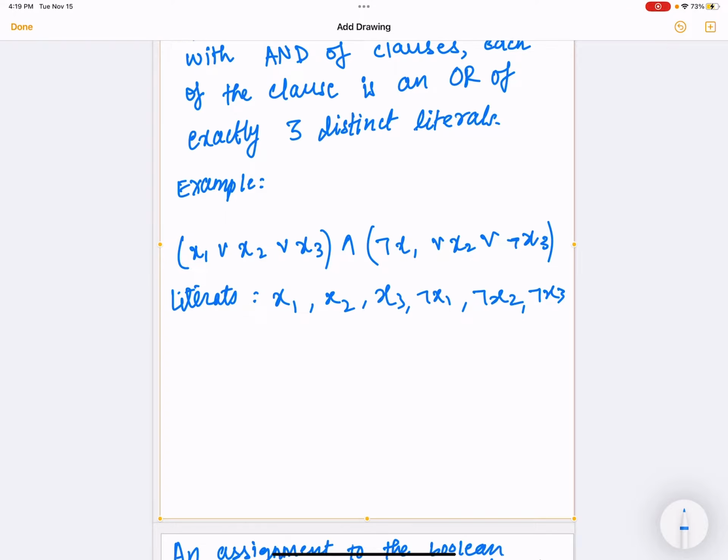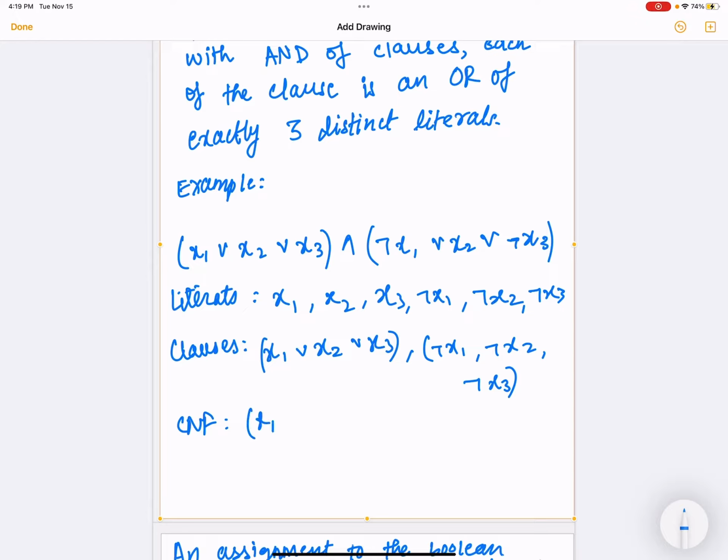Then clauses are x1 or x2 or x3, disjunction between the literals, and negation of x1, negation of x2, negation of x3. And then there is a conjunction between the two clauses.